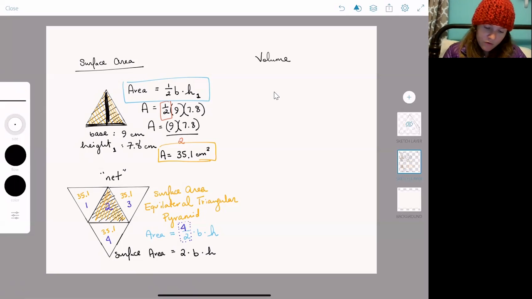And so when I do that for mine, for one pyramid, I get a surface area of 35.1 times 4, which equals 140.4 centimeters squared.